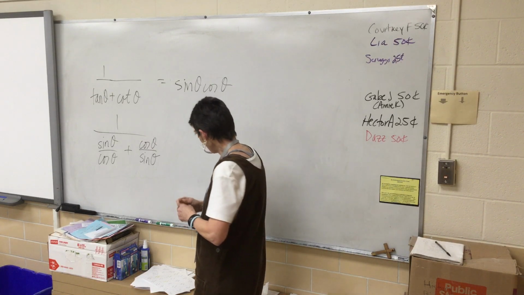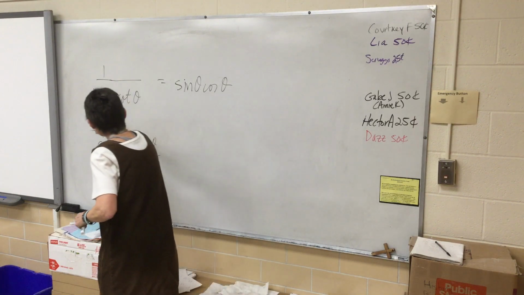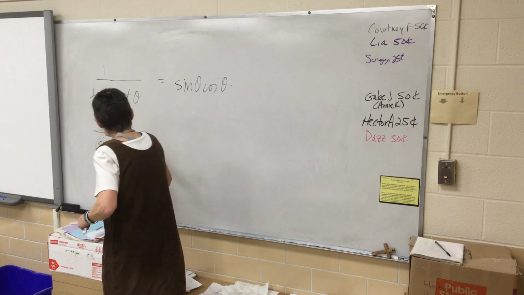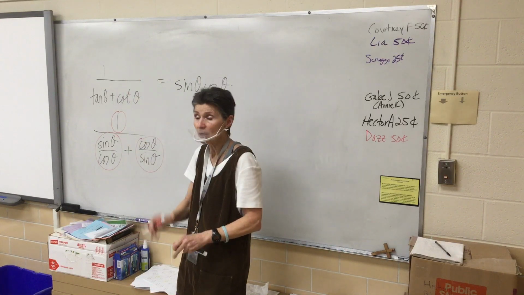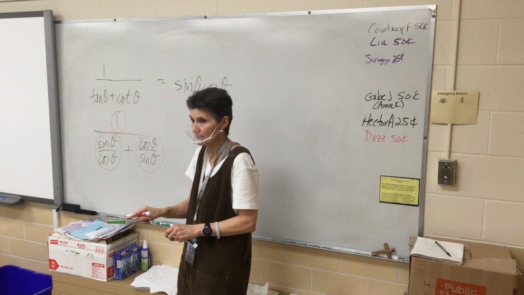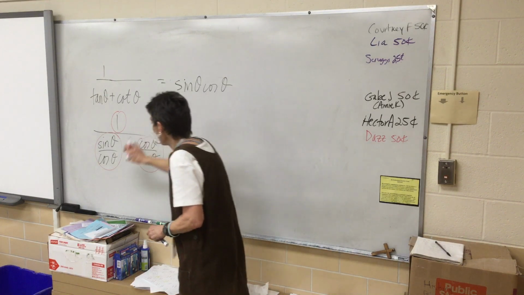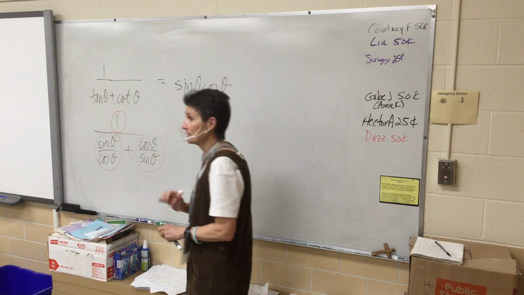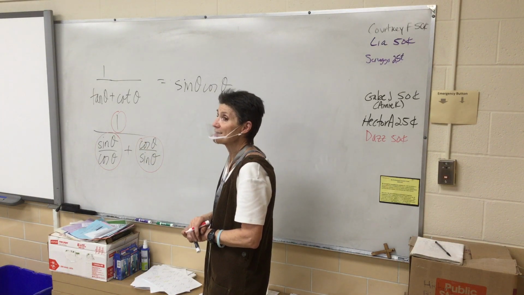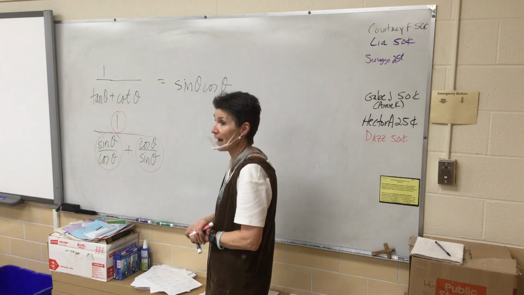You can always clean up a complex fraction by looking at each piece of the fraction. So a complex fraction is a big fraction with little fractions inside of it, which is what we have here. Look at the little fractions, and I circled them. There's 3 of them. What is the common denominator of all of the little fractions?